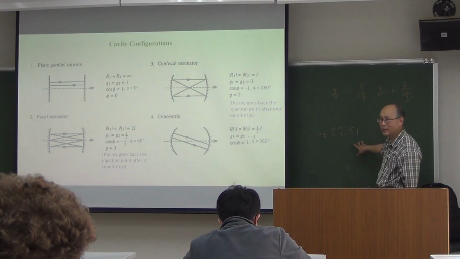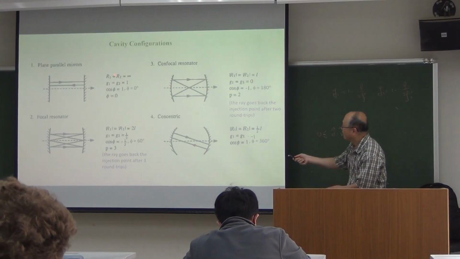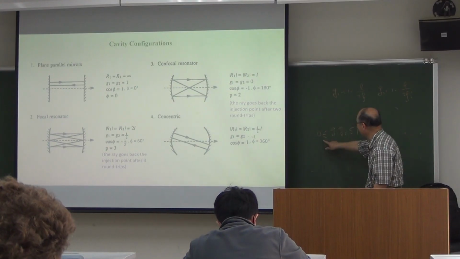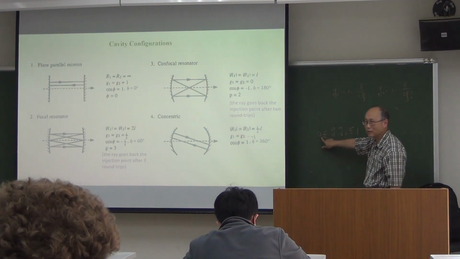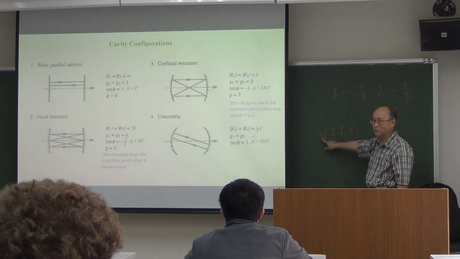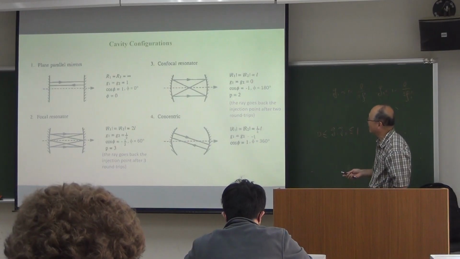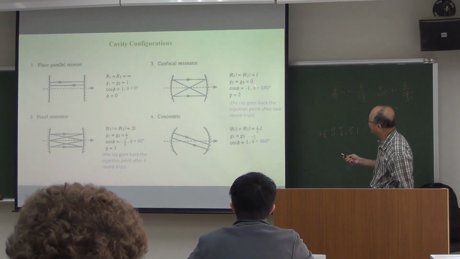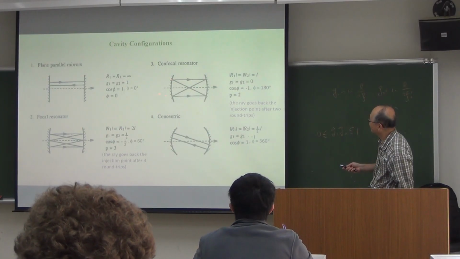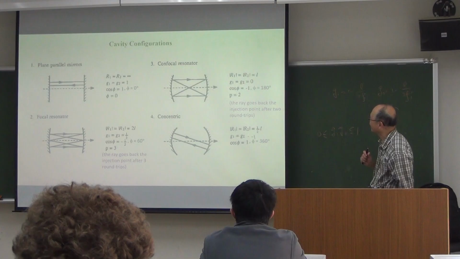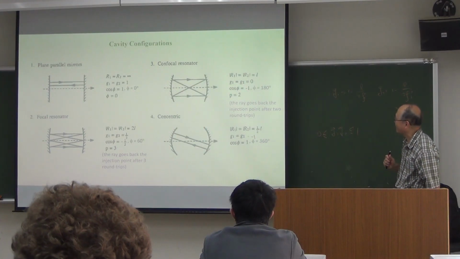This is a planar cavity. Okay, right here is a planar cavity over here. But then this boundary is a confocal resonator right here. It's still stable, and relatively more stable than this one. And for this case, you can calculate the phi equal to 180 degrees. So this means that it has to go 1, 2, 3, 4 to come back to the original location. Okay, you get this phi calculation.